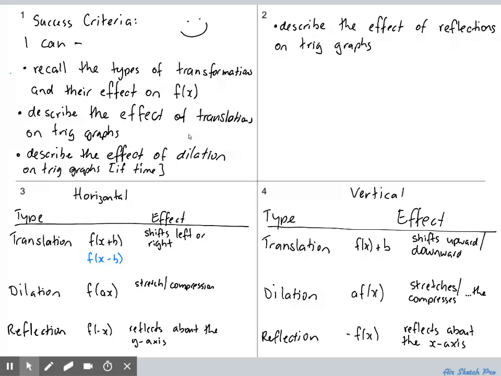So what we're getting into here is sketching territory, because ultimately with your graphics calculators in the exam and something like Desmos outside of the exam, the easiest way to draw a sine, cosine, or tan graph that's had transformations applied to it is to put it into your graphics calculator or Desmos and look at it.